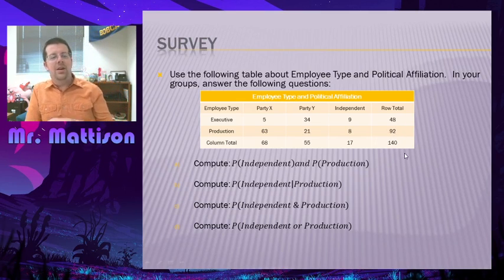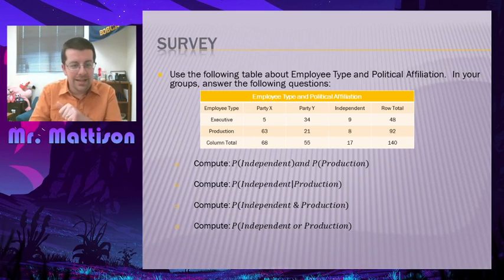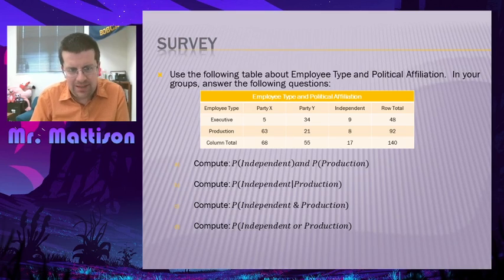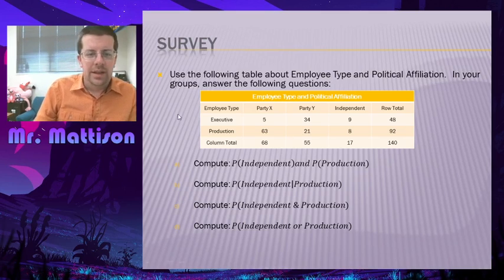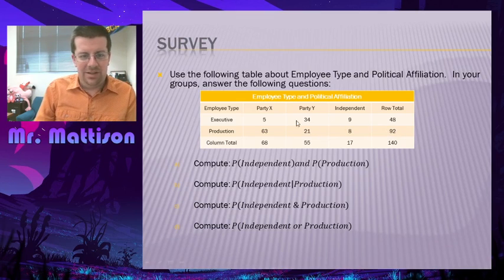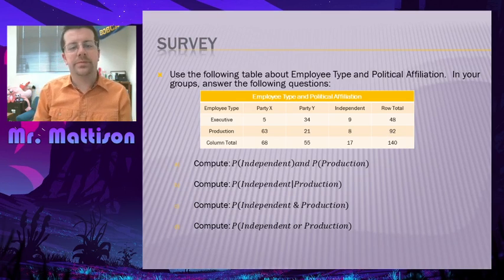Now, the probability that I am independent, assuming I work in production. That means out of only those that work in production, which is 92, 8 are independent. So that's 8 out of 92 is my probability of being independent given I work in production.